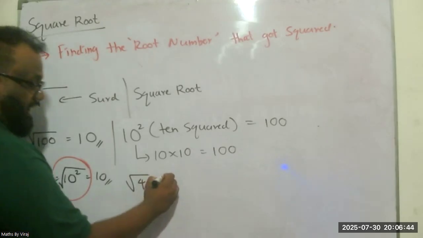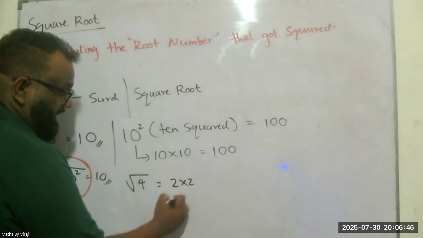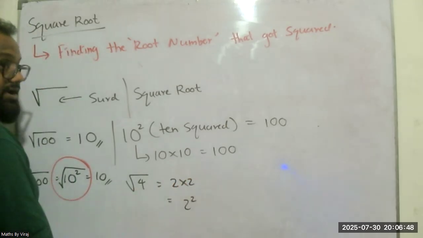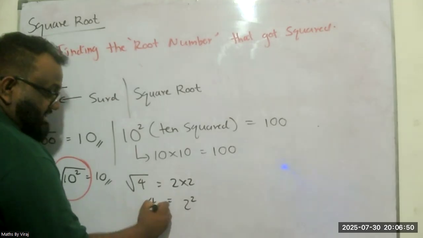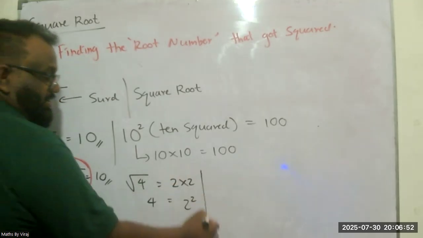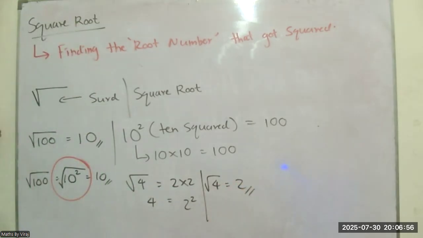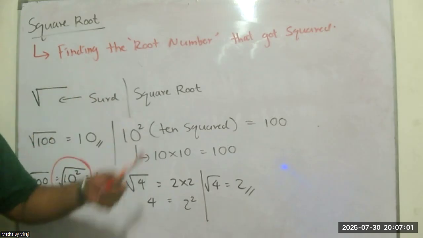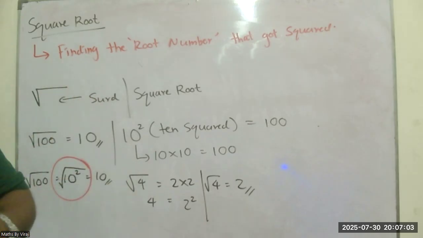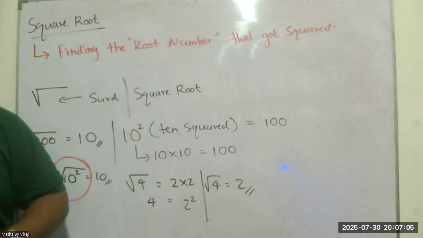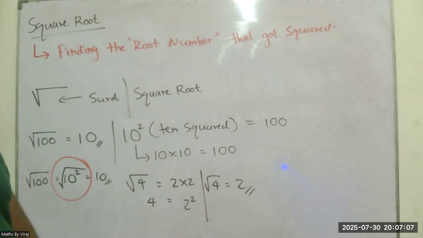Very good. When it is 2 multiplied by 2, that is 2 squared. Now, 4 is equal to 2 squared. So the square root is 2. Am I clear? Yes, sir. Finding the root number that got squared. This is what we have in hand today. This is what you're going to learn. Take this down.